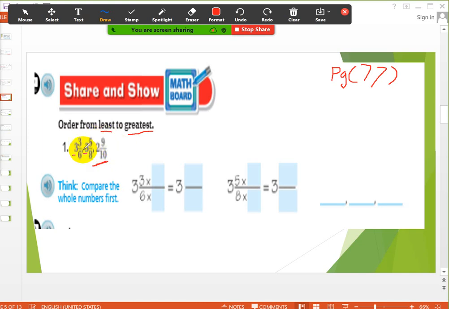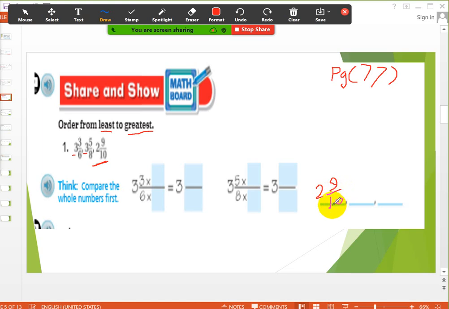So this is the least number. So I know the least number, but I want to compare between 3 and 3 over 6, 3 and 5 over 8 to know which one is the greatest number. So I will not compare between 2 and 9 over 10 and the other numbers, because I know that 2 and 9 over 10 is the least number and it will be first, because this is the least number.